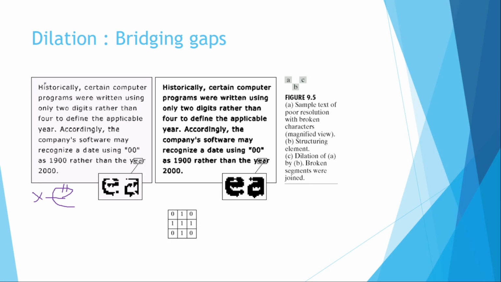So if I apply the dilation operation on these letters, observe this: it has been stretched, or the object size has increased, and the breakages present in the letter E are overcome in the dilated image A by B.